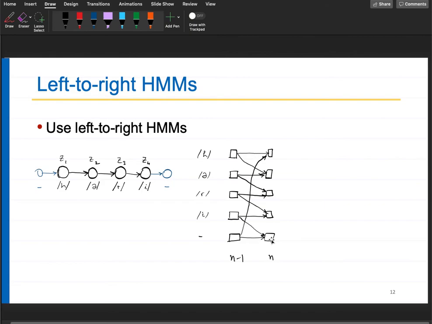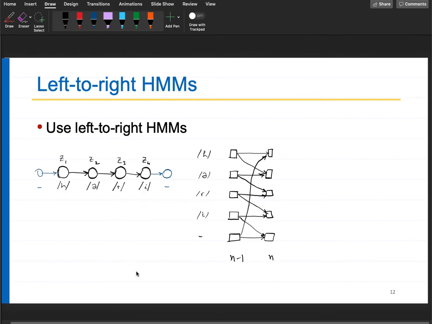And then again, when I want to start my new word, it will start from the dummy state. It won't start from Ra or E, but the dummy state will only transition to Ha. So on the left, you see the representation of this HMM chain. On the right hand side is the transition diagram, like the trellis, which I can expand as a trellis.